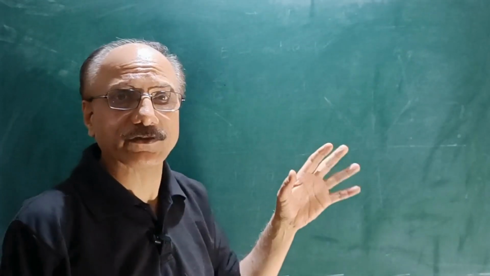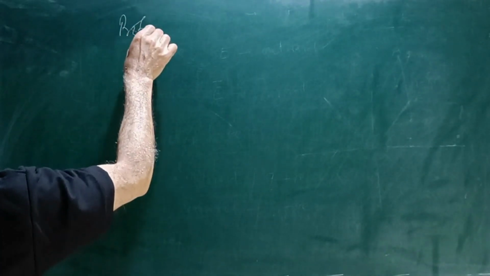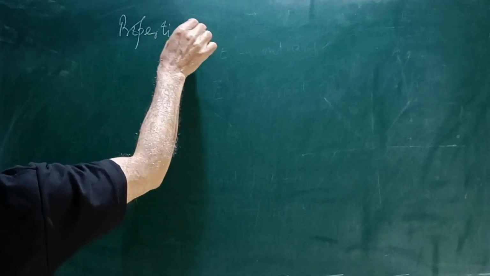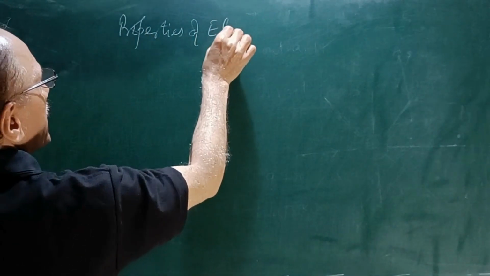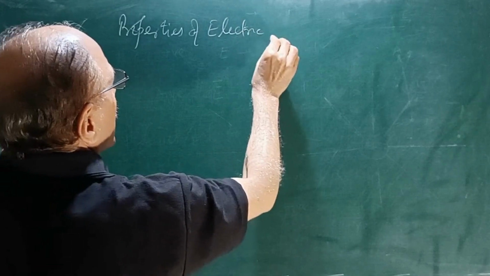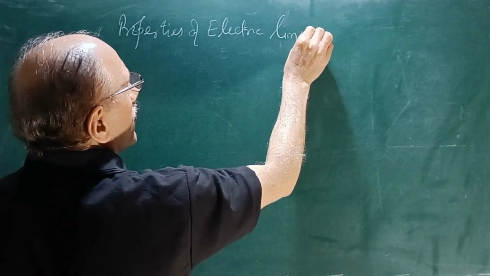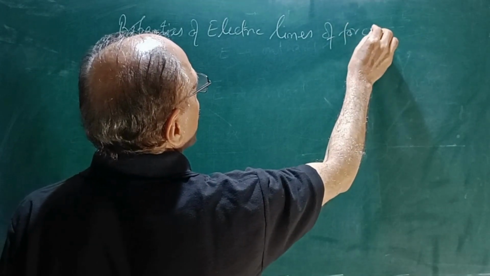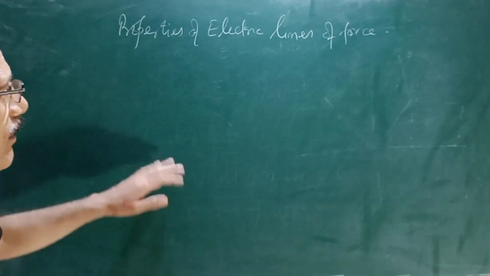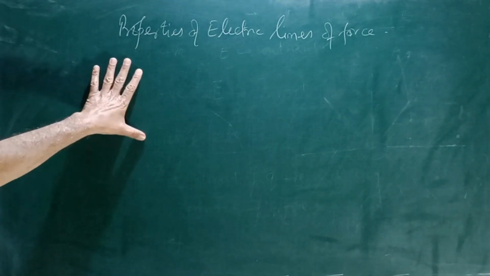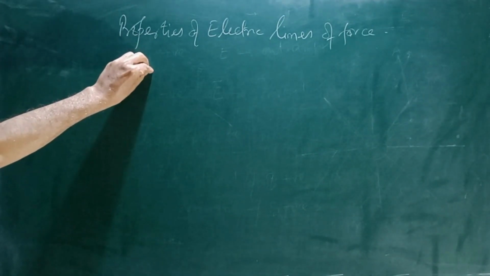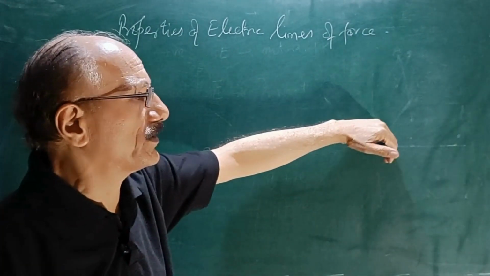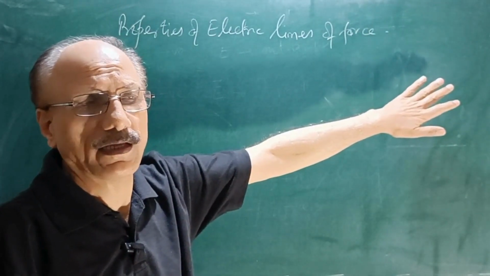Properties of electric lines of force. First property is if the charge is positive, then they will originate outward.